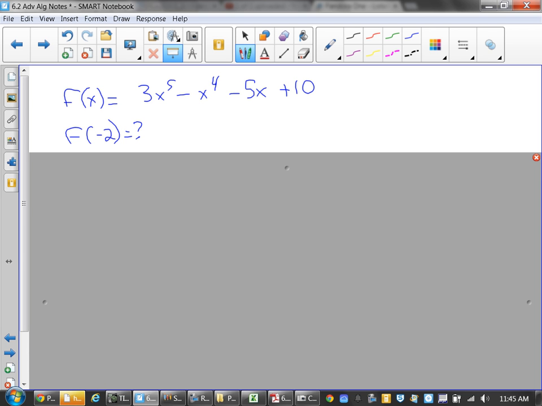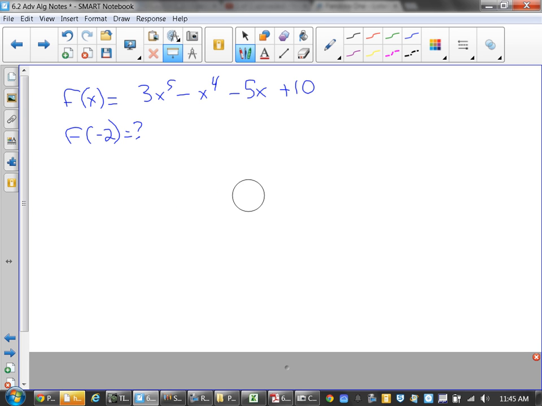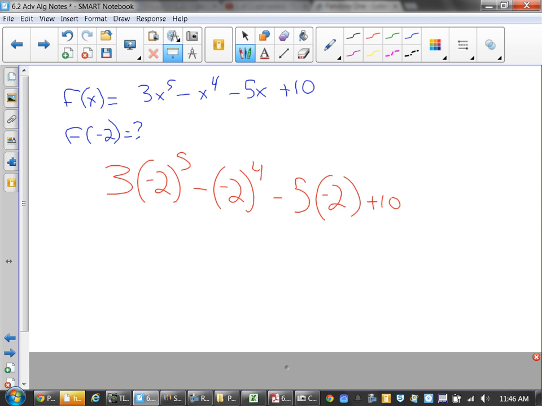Okay. It does the same exact thing when it gets into polynomials. The only thing that's different is that you have to worry about your parentheses and your exponents when you're doing your calculator. So when you get to something like this, I'm going to use direct substitution to solve this out. It'll look like this: 3 times negative 2 to the 5th, minus negative 2 to the 4th, minus 5 times negative 2, plus 10.